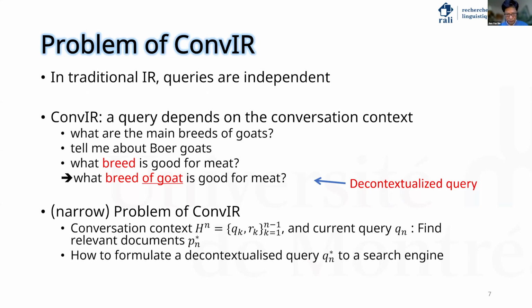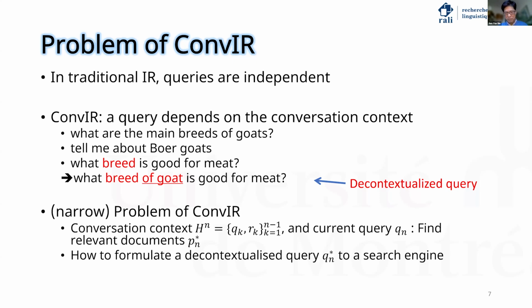For example, a series of queries, QK, and potentially we may have responses from the system, RK, in each turn. And in the last turn, we have a current query, QN, and we intend to find the relevant documents for QN. But we know that this QN could be dependent on the previous conversation context.